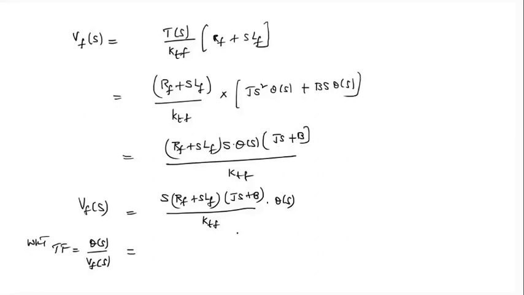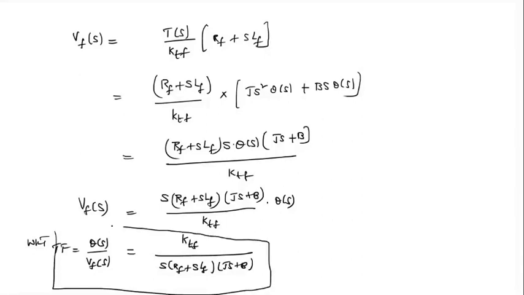The numerator will be KTF, by S into RF plus SLF into Js plus B. So this is the transfer function of the field controlled servo motor. If you want to go for further simplification, fine; otherwise we can stop it here.